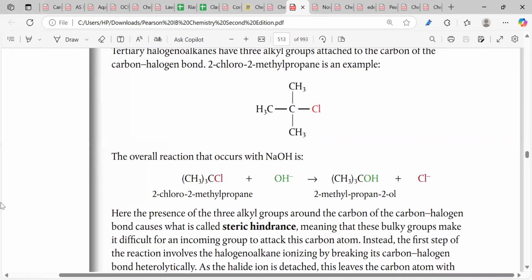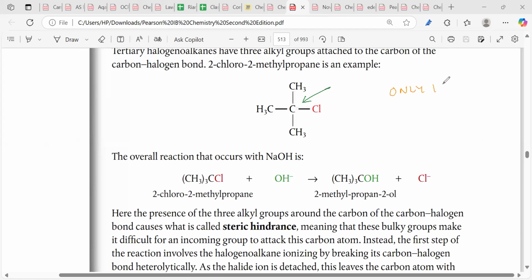Now come to SN1 mechanism. Now over here, Ashvi, this carbon is primary carbon, secondary carbon, or tertiary carbon? Secondary. What is the secondary carbon, Ashvi? A secondary carbon is a carbon which has got only one hydrogen attached, right? Which carbon are you trying to focus on over here?